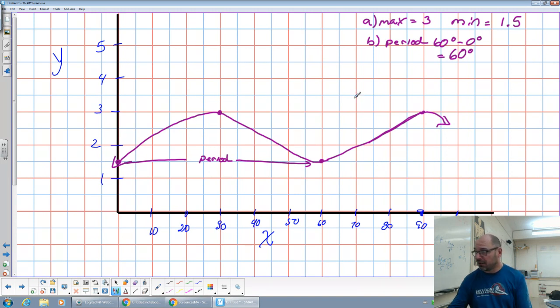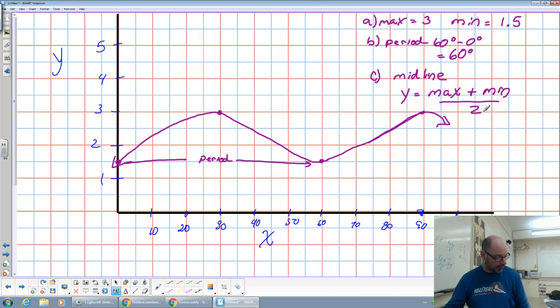Okay, what about our equation of the midline? The equation of the midline is y equals max value plus min value divided by 2. We're going to have to stick with the decimals here. Max value was 3 plus 1.5 over 2, and this is equal to y.